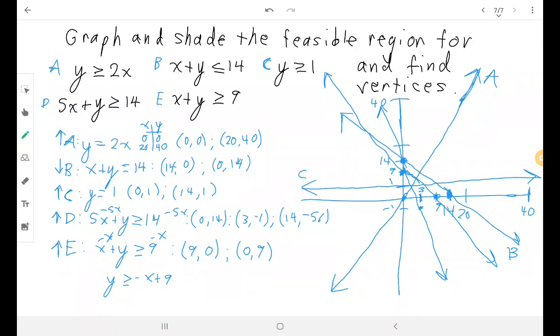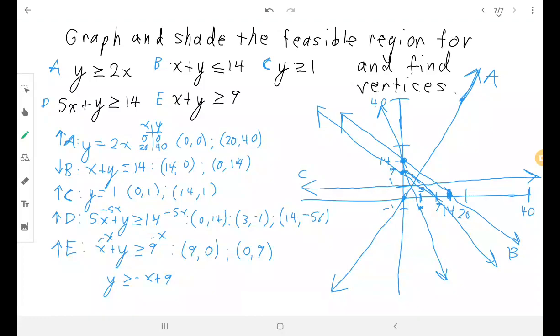All right, now let's figure out where all the shading goes. So A shades up, B shades down, they wouldn't cross. They should be parallel. Okay.